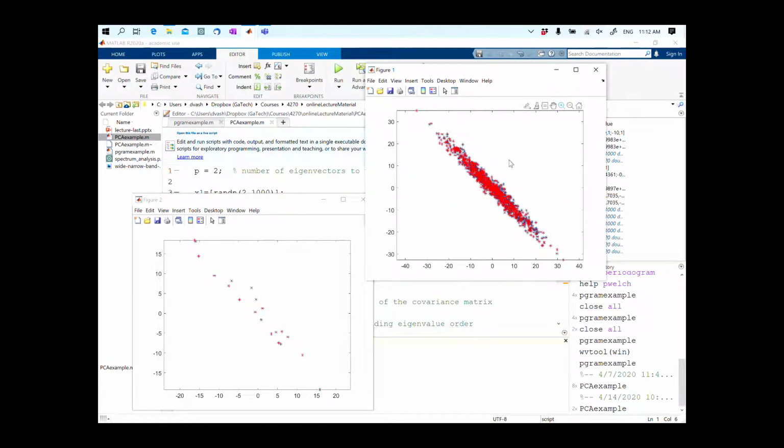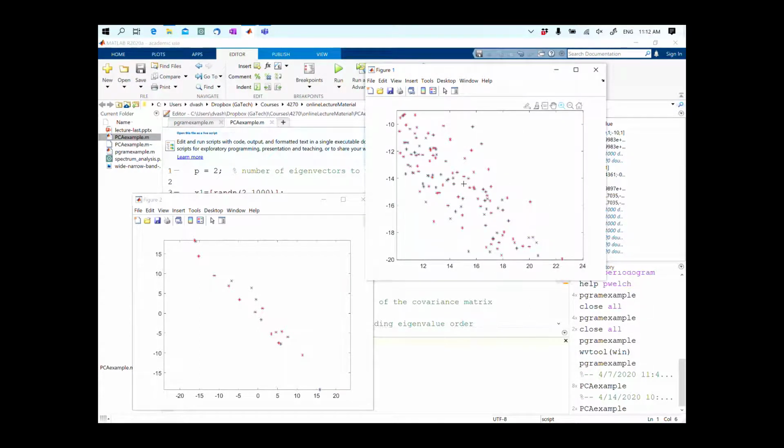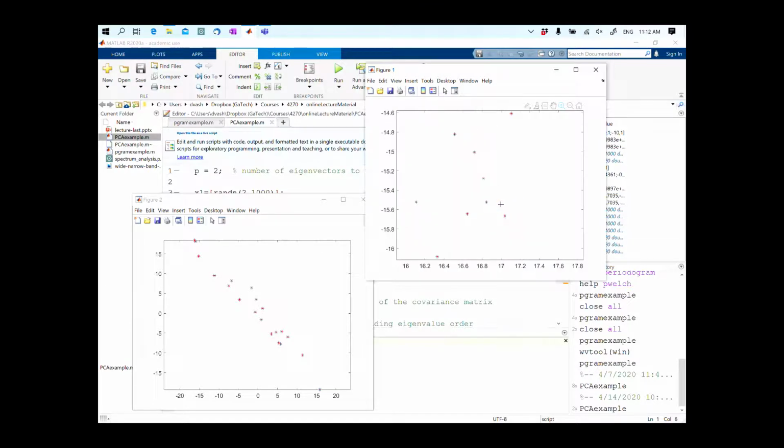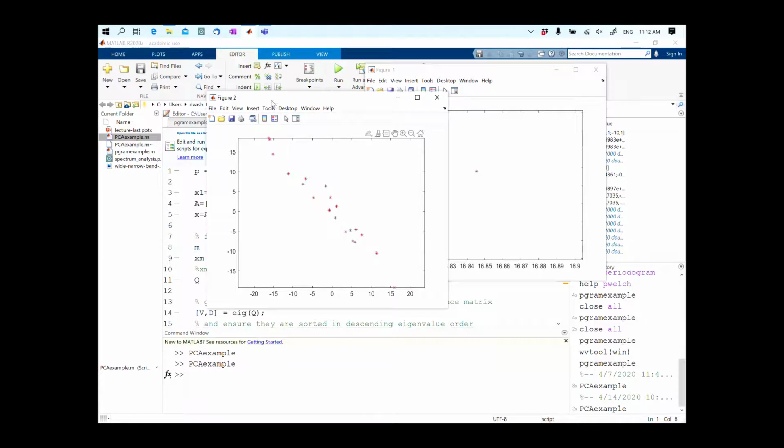And so let's zoom in at some point right here, and we see that no matter how close you get, the blue being the original and the red being our approximation, overlay each other perfectly. And the same goes for figure 2 here, where we're dealing with our new data samples.